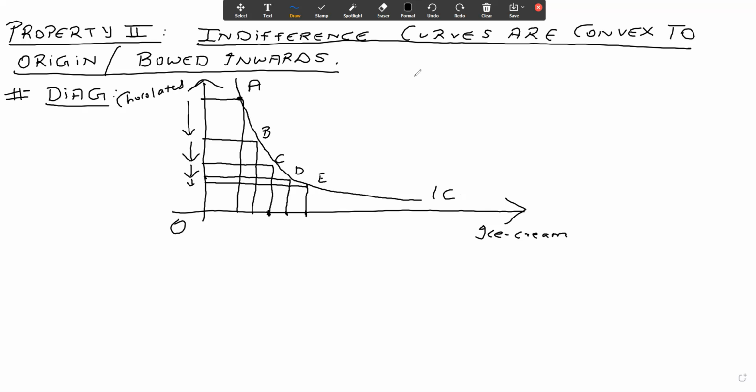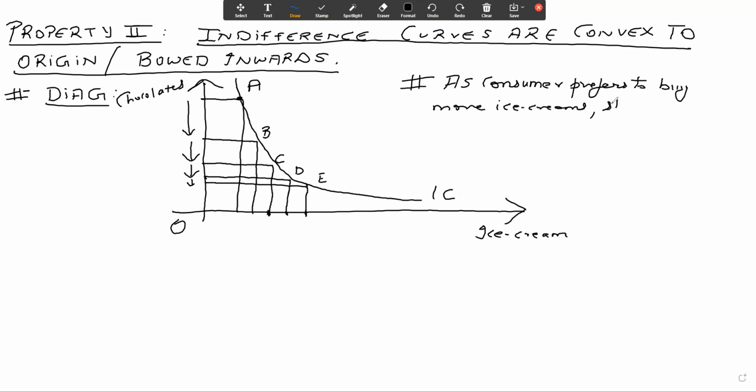Or I can write it like this: as the consumer prefers to buy more ice creams, she is lesser and lesser willing to give up chocolates.